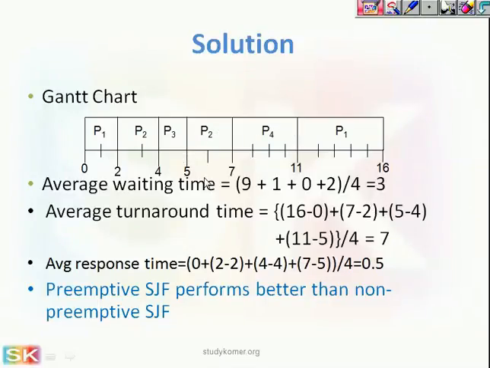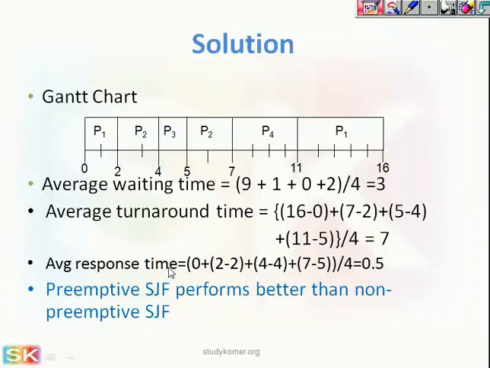P3 was completed at time 5 and submitted at time 4, so its turnaround time is 5 minus 4, plus P4 completed at time 11 and submitted at time 5, so 11 minus 5, divided by 4 is equal to 7. So this is the average turnaround time of this system.